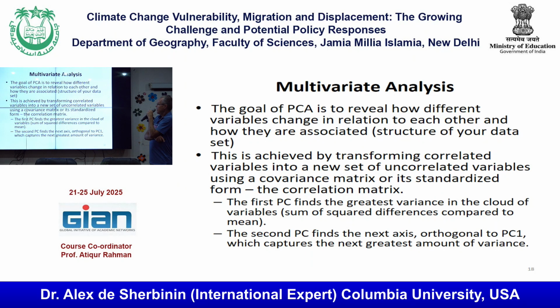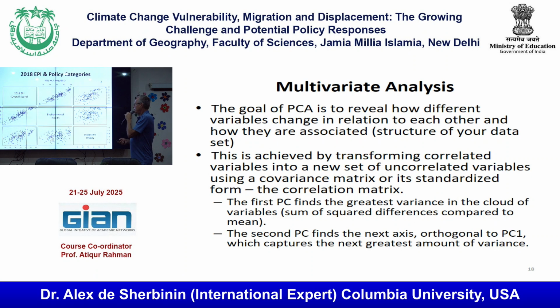And if so, one valuable thing about PCs is that you can transform the set of variables that you have, the large set of variables, into a limited set, a smaller, reduced set of principal components, where the first principal component finds the greatest variance in your entire cloud of data, and it runs a line through that. And then the second one finds the next axis, which is orthogonal to the first one. And so that's a way of doing data reduction when you have a large pool of data.